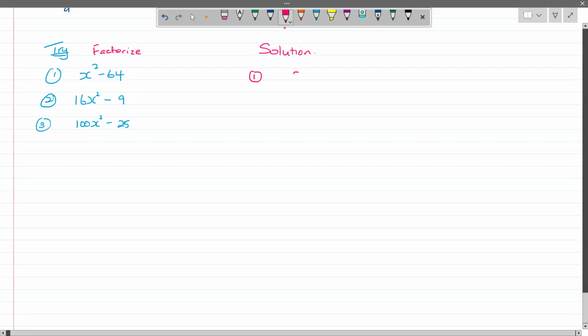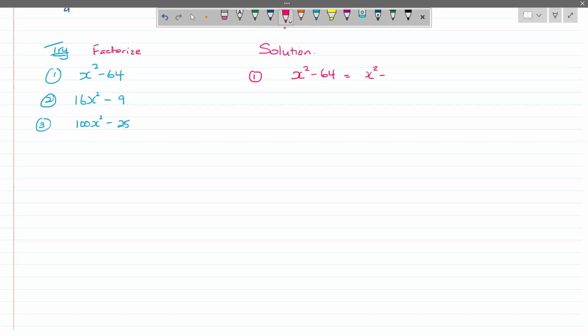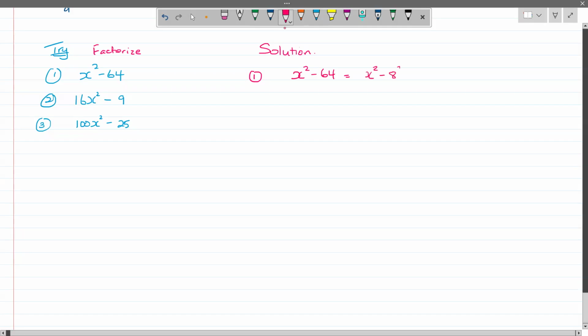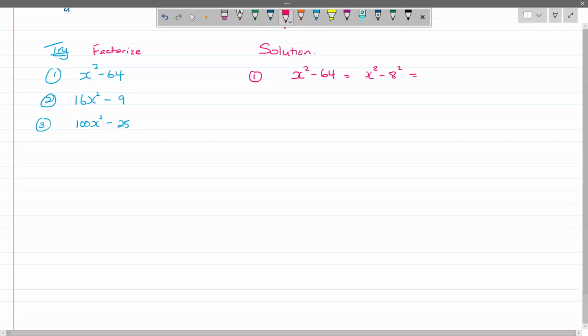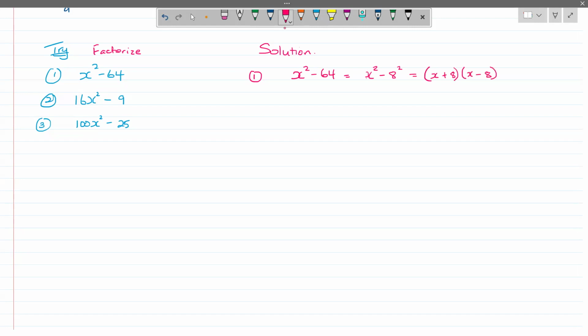Anytime we could do this, x squared minus 64, you could write these as some number squared. Well, the x squared is already squared, but 64 is 8 squared. This clearly is the difference between two squares. You can see that there are two squares and the difference, it means subtraction, minus. So we will write x plus 8, x minus 8.